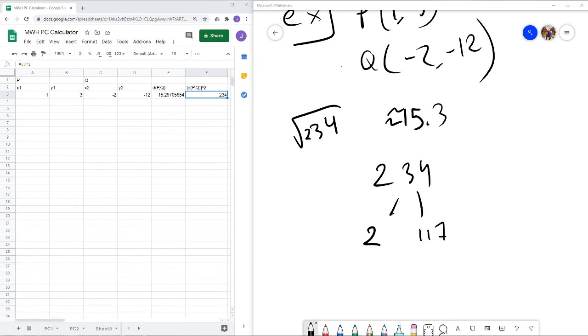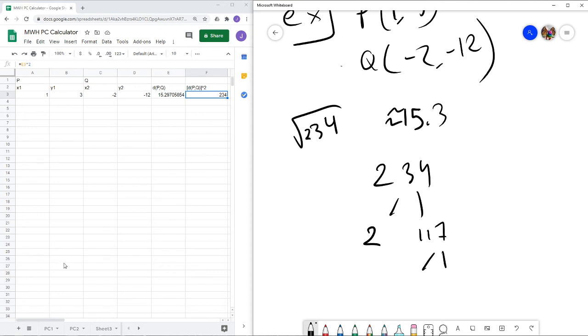I think 117 might be a prime number. Let's see. It's not prime. So 117.